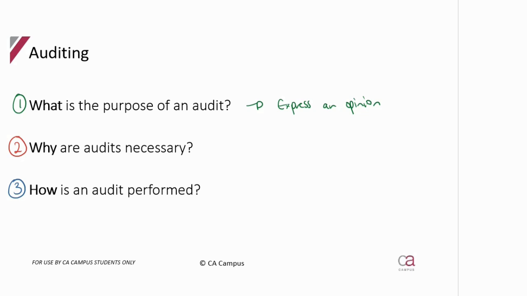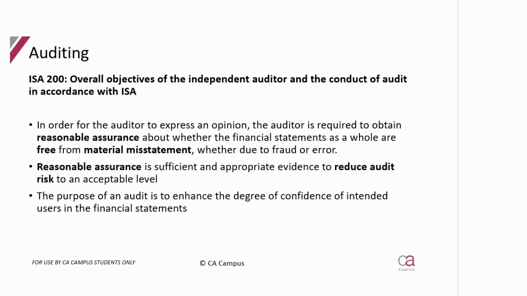However, in ISA 200, the overall objectives of an independent auditor and the conduct of an audit in accordance with the ISAs, it says that in order for us to express this opinion, the auditor is required to obtain reasonable assurance about whether the financial statements as a whole are free from material misstatement, whether due to fraud or error.